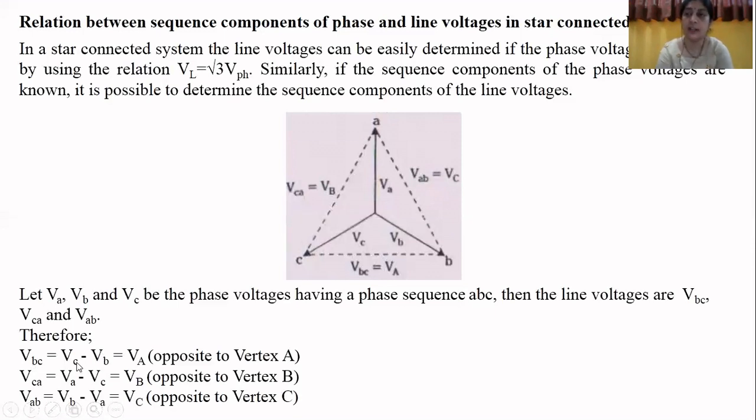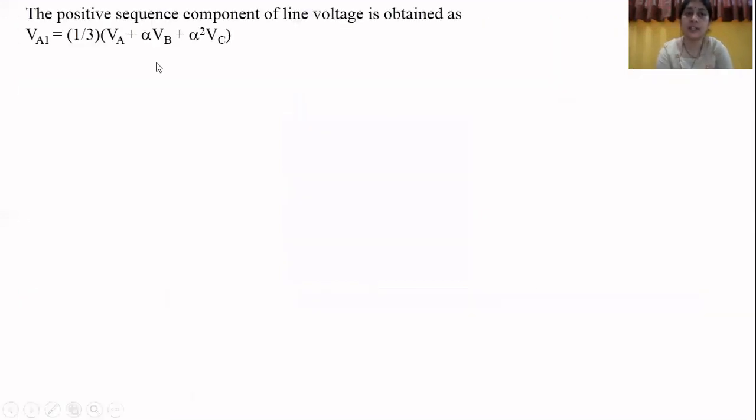Now let's go to the expression of symmetrical components. The positive sequence component of the line voltage is obtained as V capital A1, that is the positive sequence component of line voltage A, is 1 by 3 times of VA plus alpha VB plus alpha square VC. Now replace V capital A, V capital B, V capital C with the phase voltages.